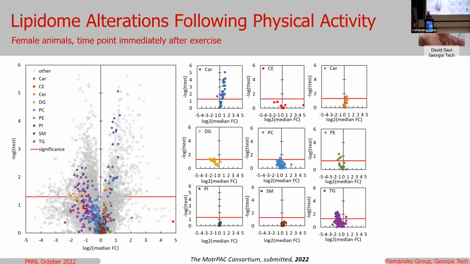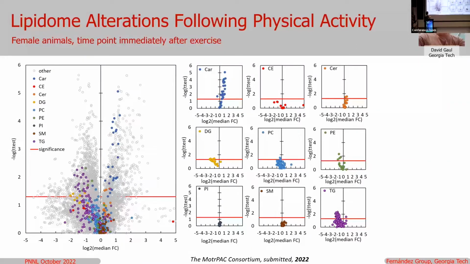Just to give you an extent of the challenge, this is a little bit of data from a large consortium that we're part of. This is called the MoTrPAC consortium, the Molecular Transducers of Physical Activity Consortium, and we do all the lipidomics work in that consortium. We're looking at the effect of physical activity, exercise, in both animals and humans. And this is just for animals.